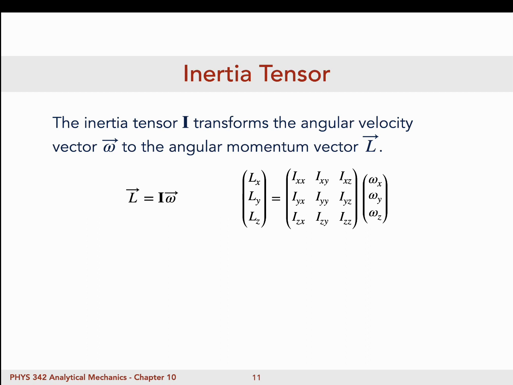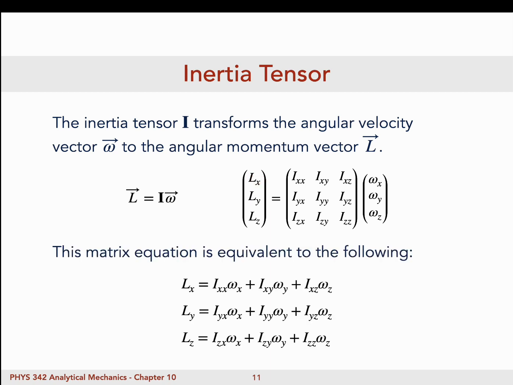So you remember how this works. To evaluate this, you take the top row of the 3x3 matrix and multiply it element by element by this vector to get that top one. So Lx would be Ixx times omega x, plus Ixy times omega y, and Ixz times omega z.